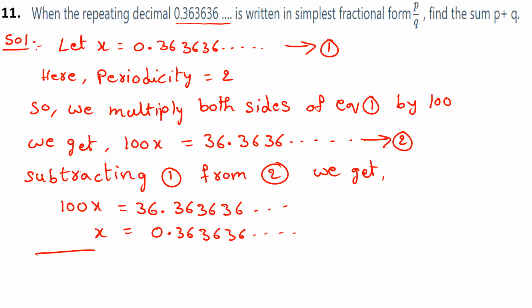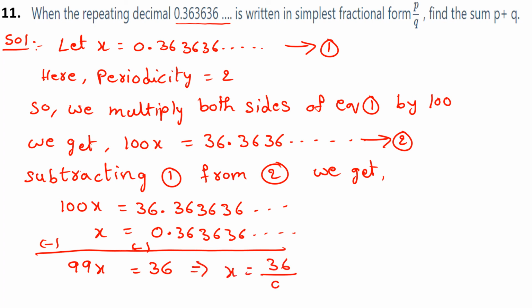So change the symbol here. 100x minus x, that is 99x, equals 36. Which implies x equals 36 by 99. If we cancel by 9, 9 11s are 99, 9 4s are 36, so that equals 4 by 11, right?